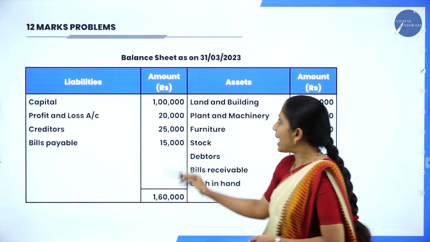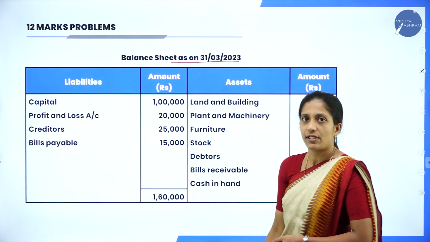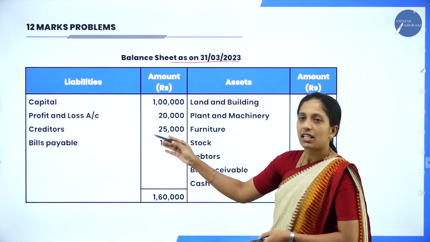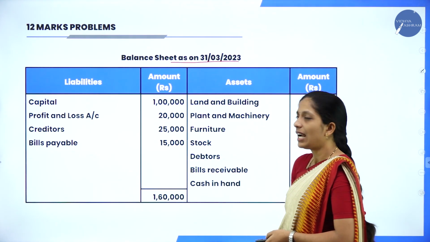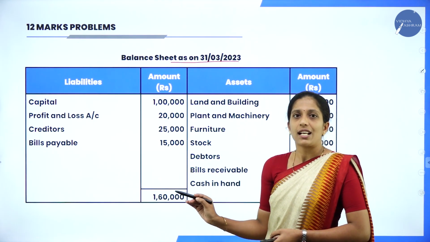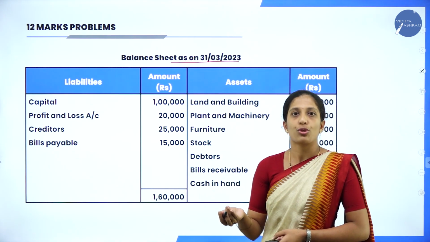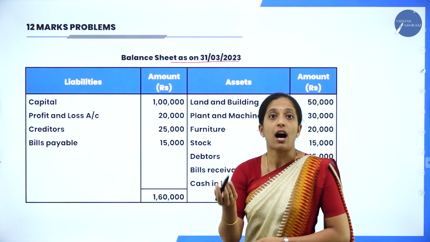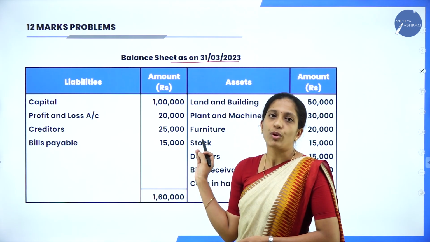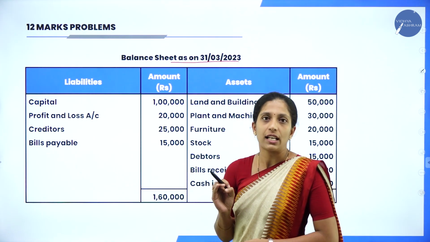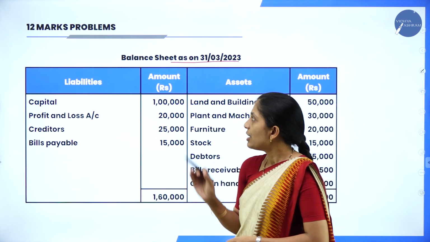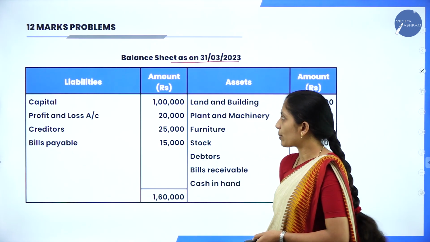Next, they have given the balance sheet as on 31st March 2023, where they have given us certain liabilities and certain assets. Now using this, let us see what type of ratios they have asked us to calculate and how to calculate. This is the same question which is asked in your model question paper of your PU board. So let us see how to answer this question.